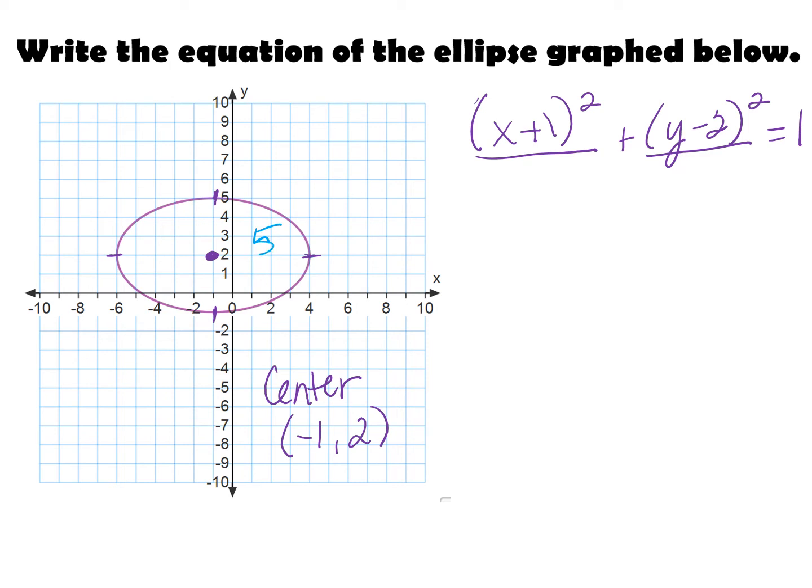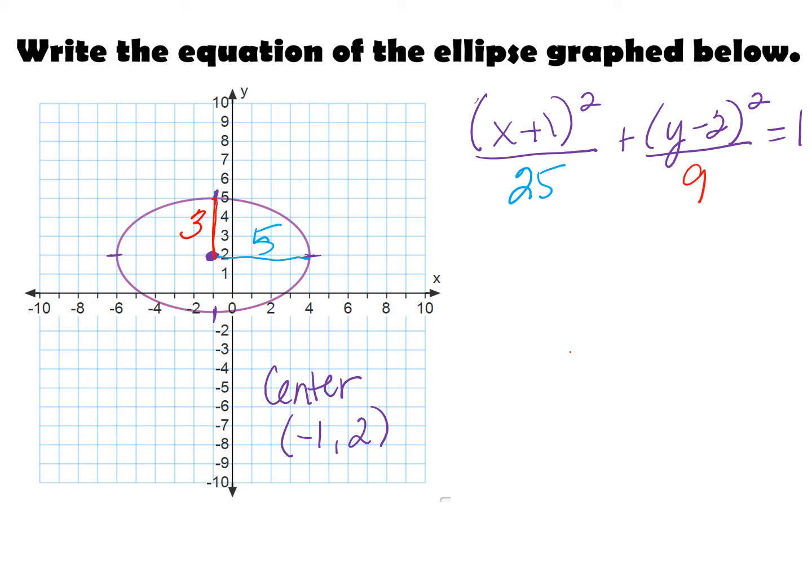And again, since that's along the x-axis, the horizontal axis, underneath the x, remember it's always squared, so that will be a 25. And then I can do the same thing for the vertical. And if I look at that, that appears to be 3 units long, but again, we are squaring. Again, that's parallel to the y-axis, but 3 squared is 9.